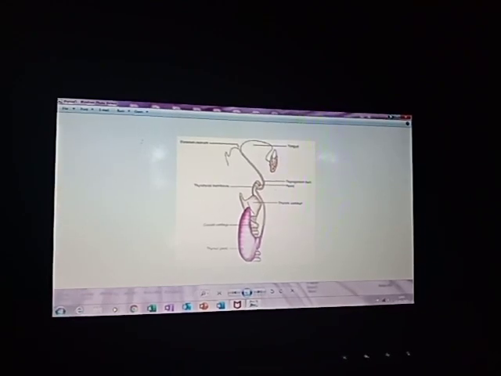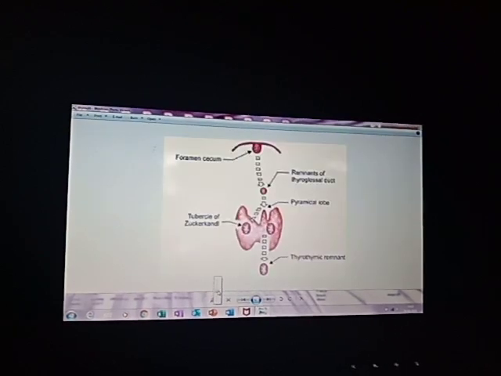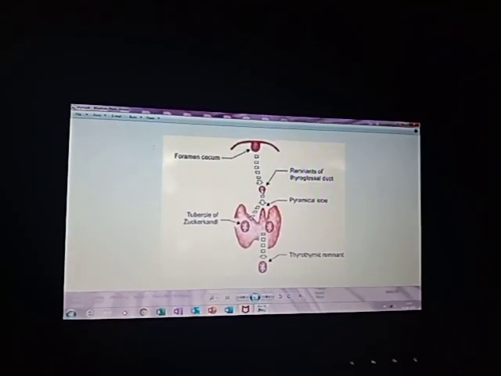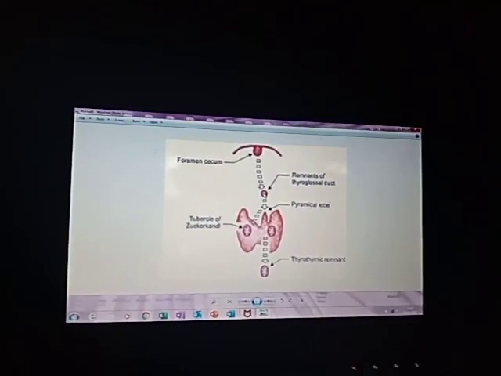Go to this picture, then you can find it. If the remnant of the thyroglossal duct persists, it forms the cyst.